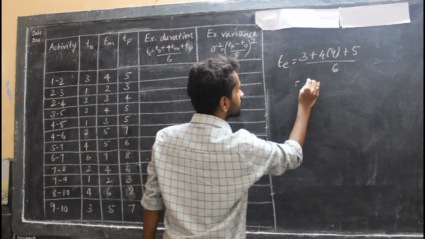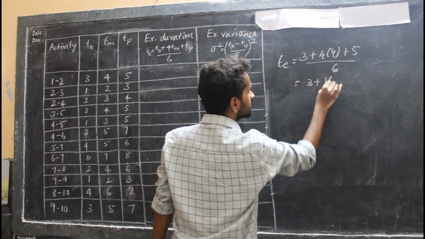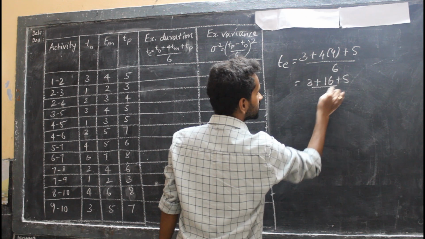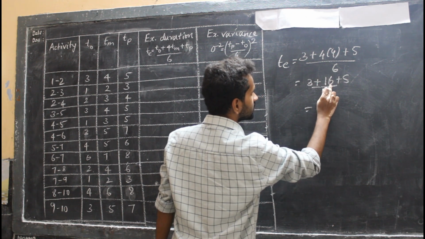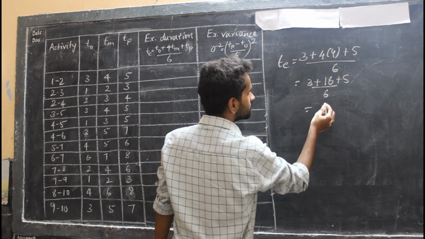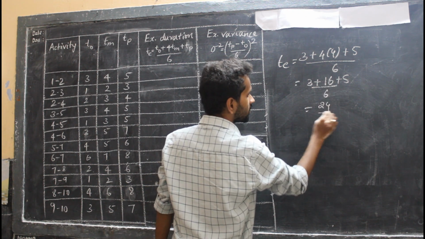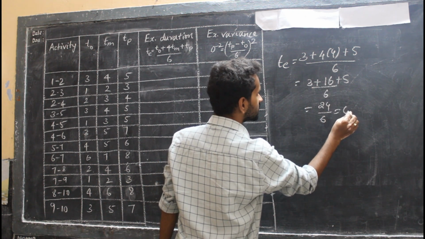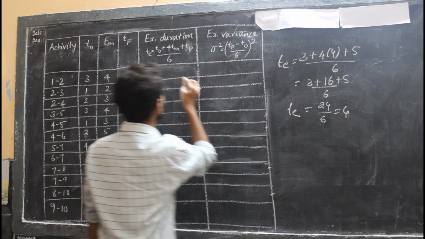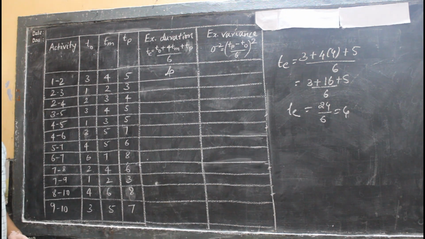Now calculate it: 3 plus 16 plus 5 is 24, divided by 6 equals 4. This is Te. So my Te equals 4.